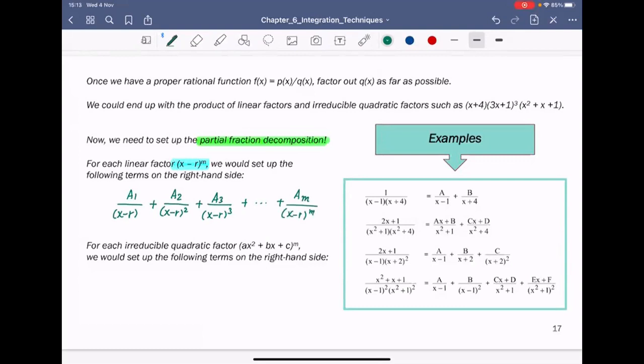For each linear factor that I highlight in light blue here, you're going to have m terms on the right hand side. This is how we decompose it.